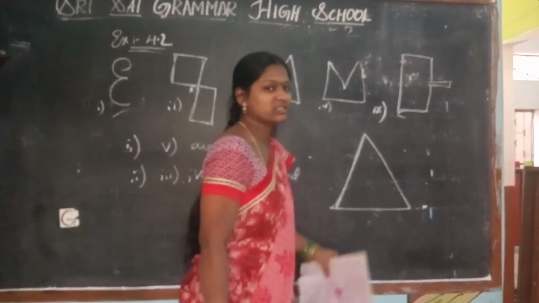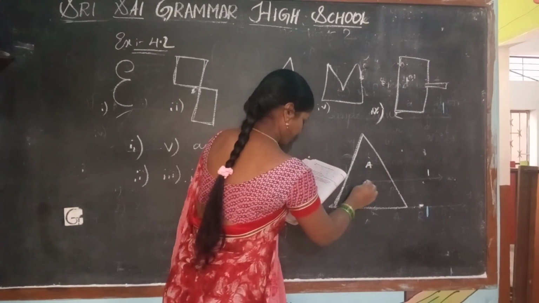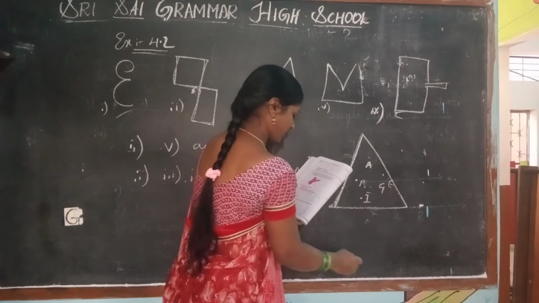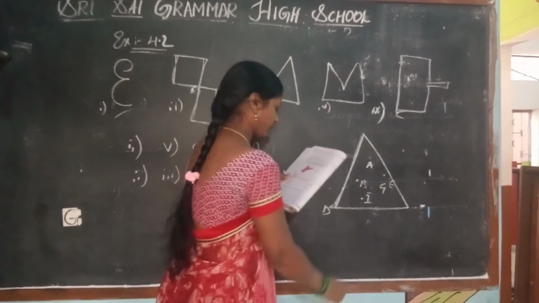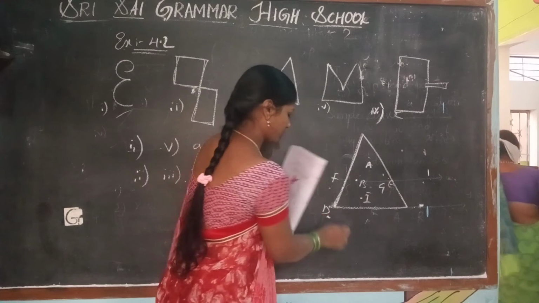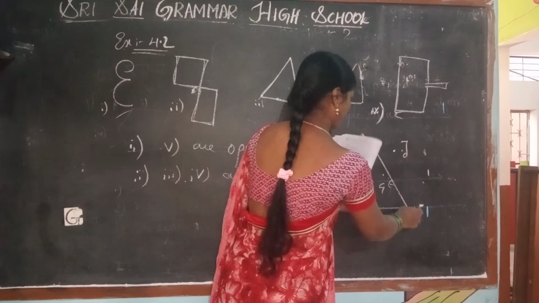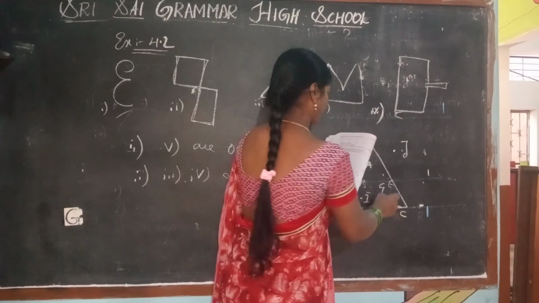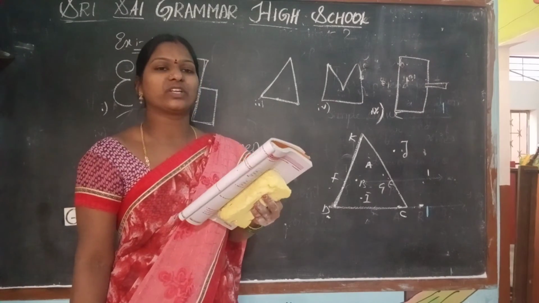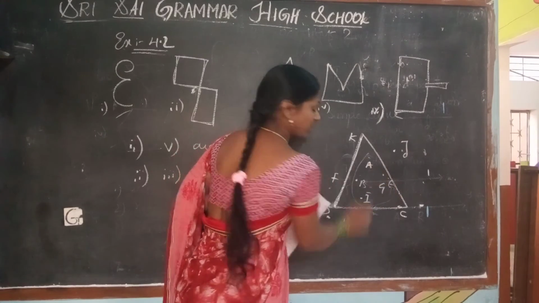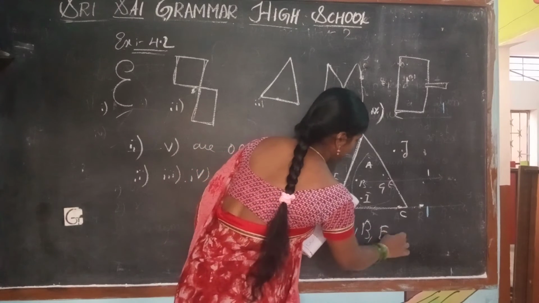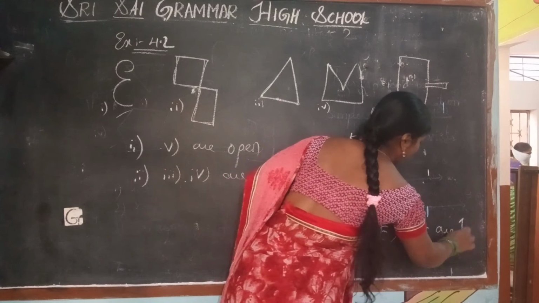In this I'm going to represent some points: point A, point B, point G, point E and point F, here D, point F and point J, point C, point K. The points that lie in the interior of the figure are called interior points. Now A, B, E, G, I are interior points.